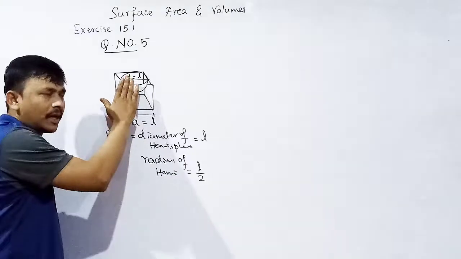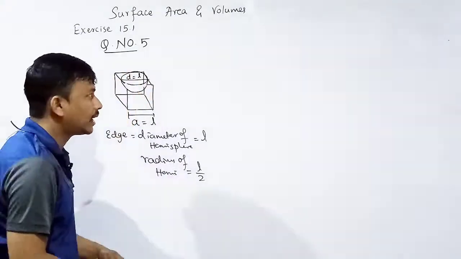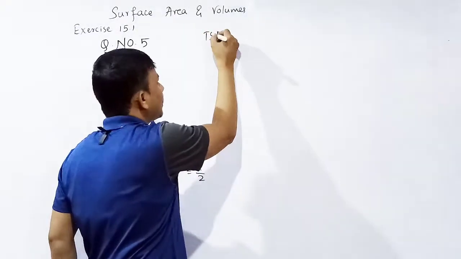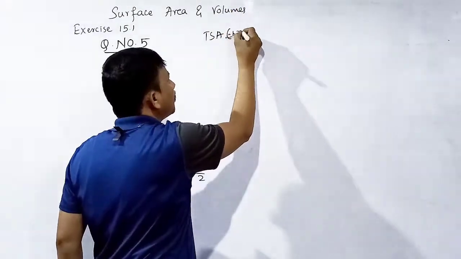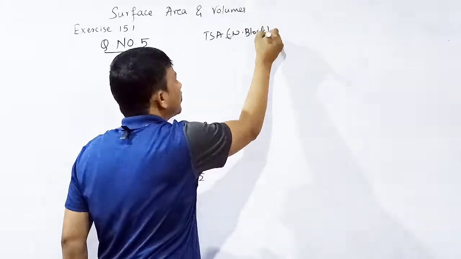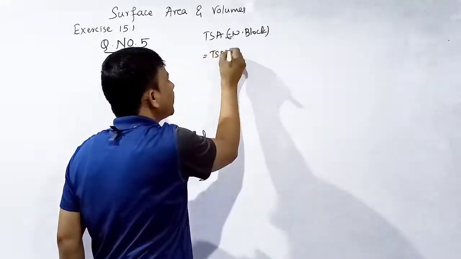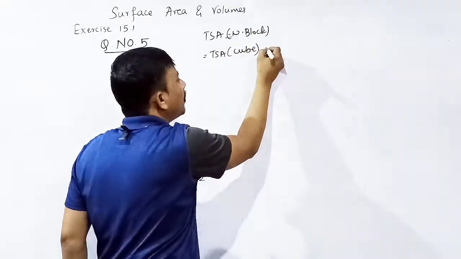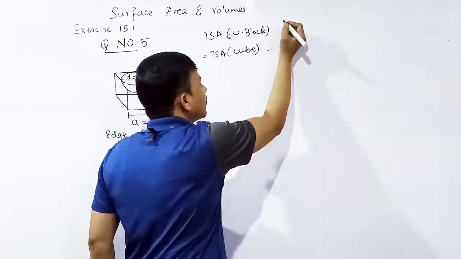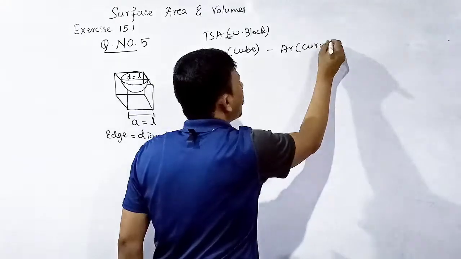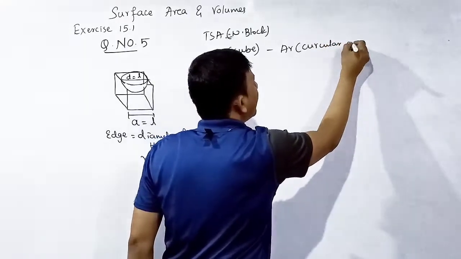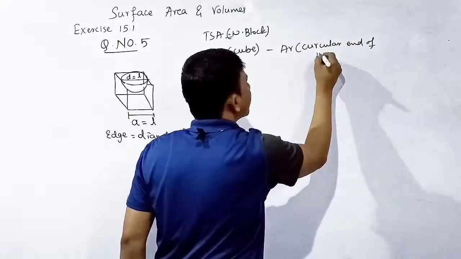Yes or no? We cannot feel it, so we must subtract it. That means total surface area of wooden block is equal to total surface area of cube minus area of circular part or circular end of hemisphere. Yes or no?